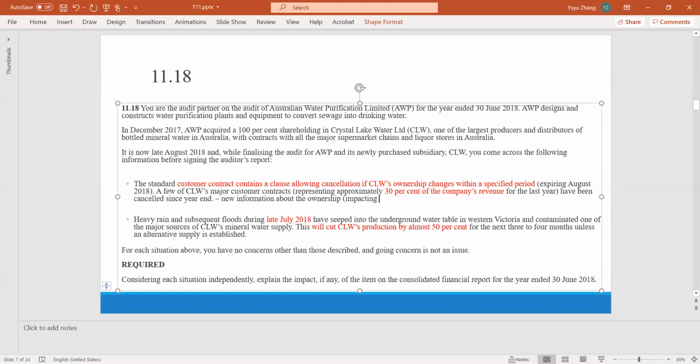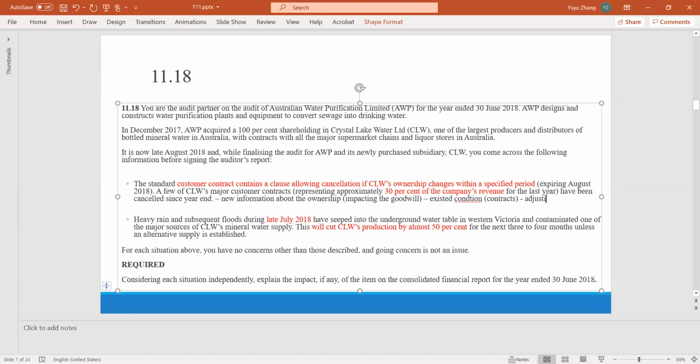So this is new information about the ownership, which will have impact on the goodwill of the new purchase, right? So it is about existing condition based on the contracts.